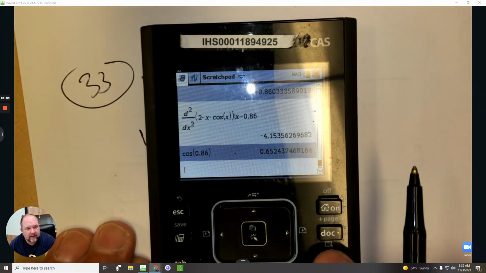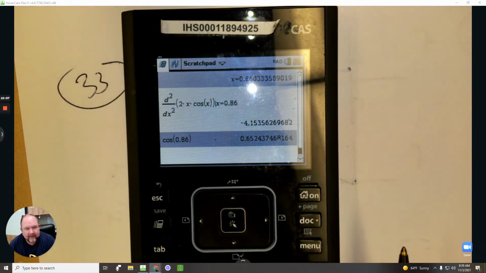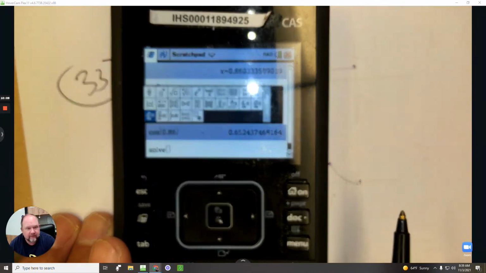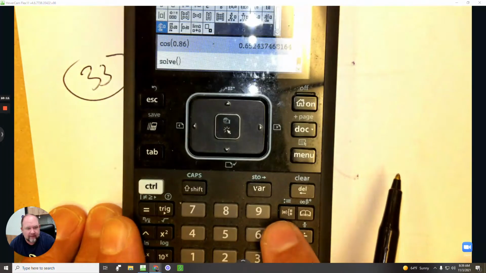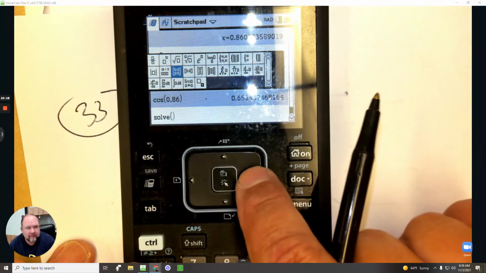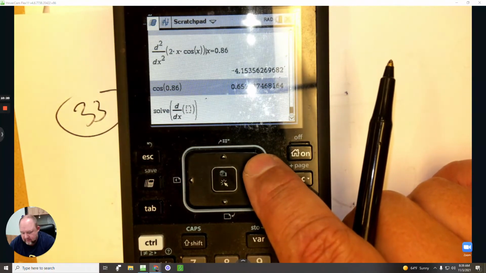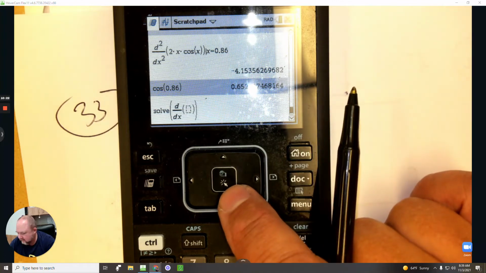I'm going to solve an equation. So I'm going to go menu, algebra, solve. I'm going to do the derivative, so I press the button beside the 9 just to directly get the derivative. Highlight over that. And this is going to be x.